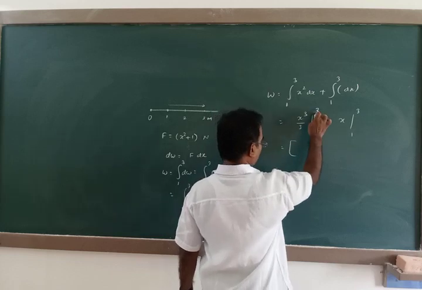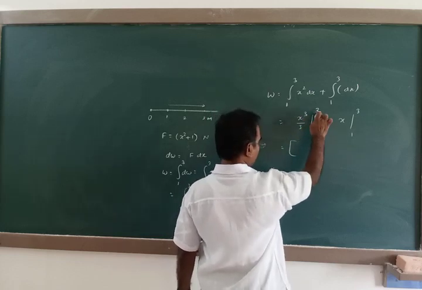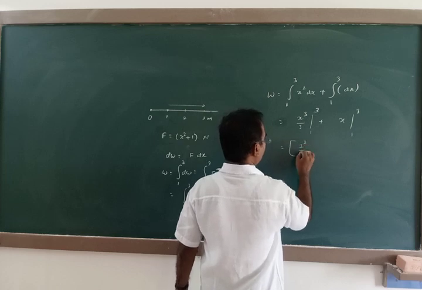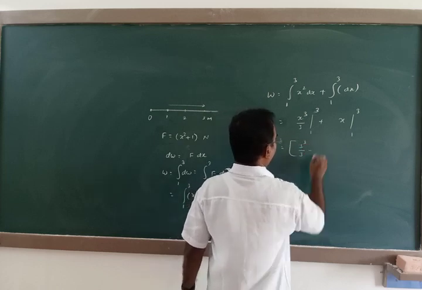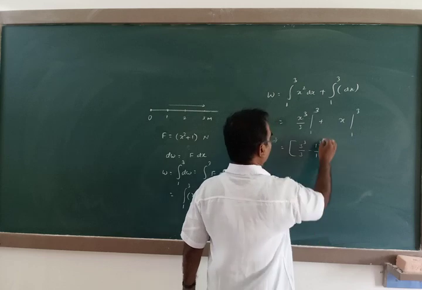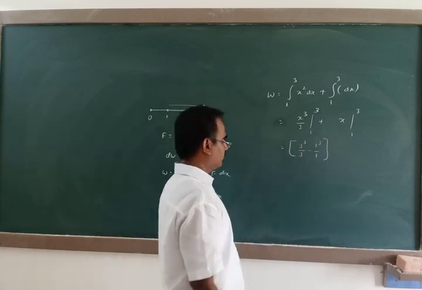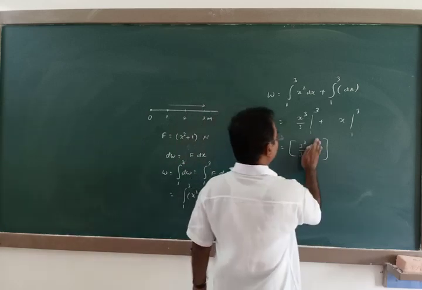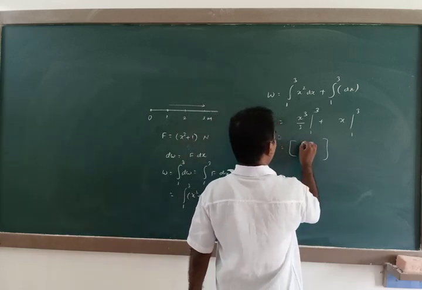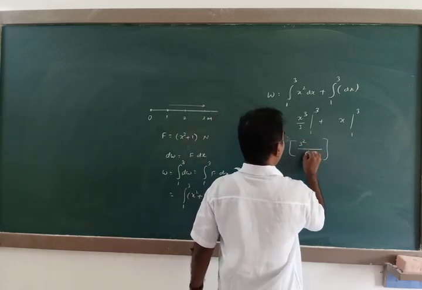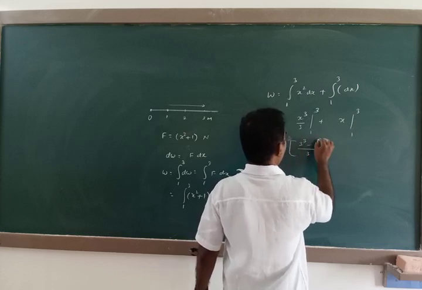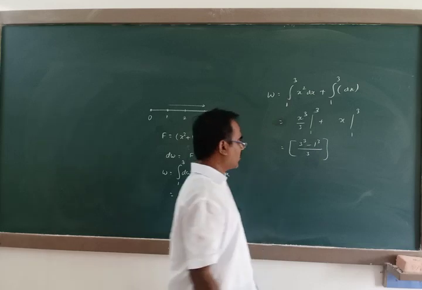So first I substitute the upper limit. In place of x you take 3. So it is 3 cube divided by 3 minus 1 cube divided by 1. Or otherwise, you can also write it as 3 cube minus 1 cube divided by 3.